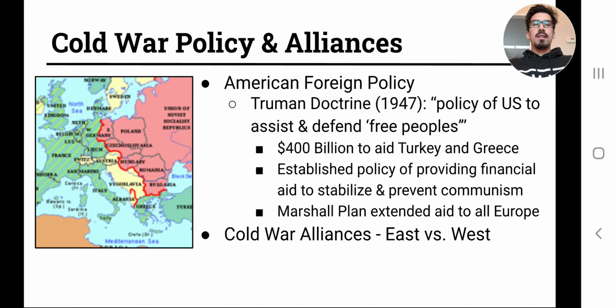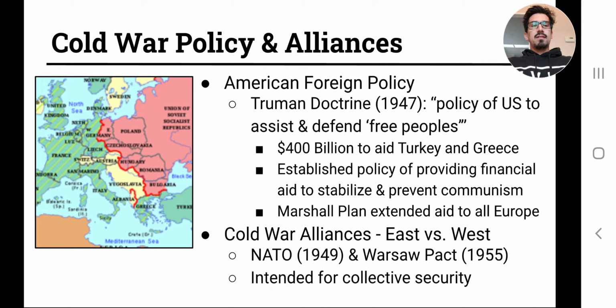And it really becomes the American policy throughout the whole Cold War to try to prevent the spread of communism and to prevent nations from becoming unstable and having communist revolutions take place, which is what basically the West had seen happen in the first half of the 20th century in Russia and in China.